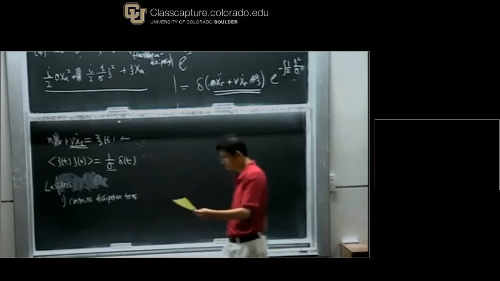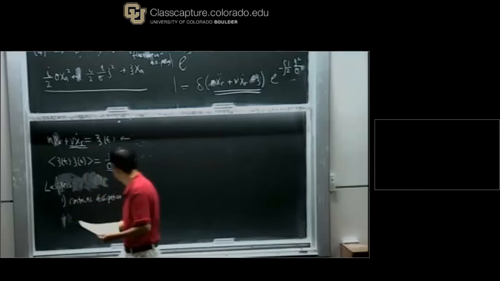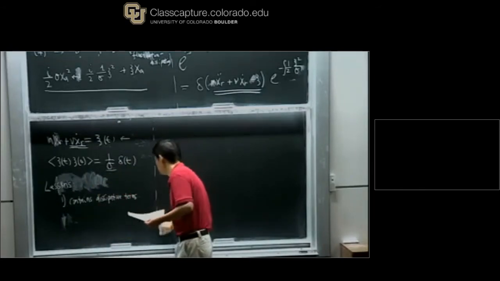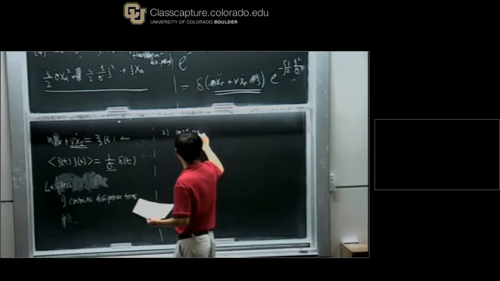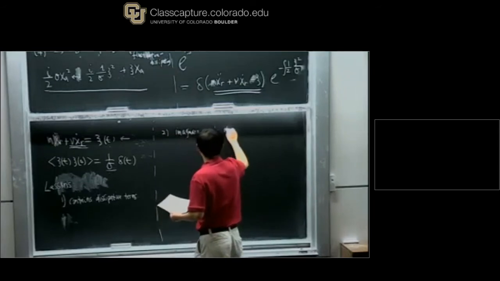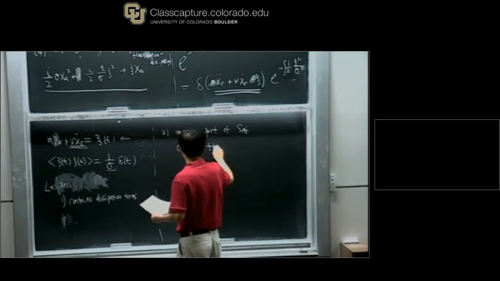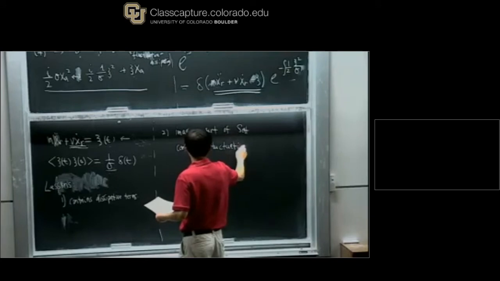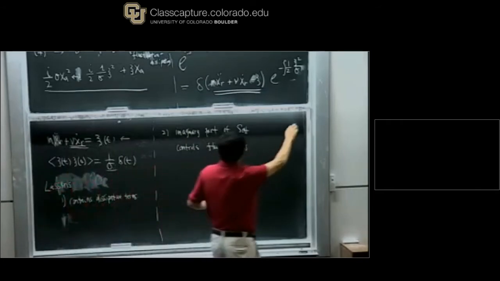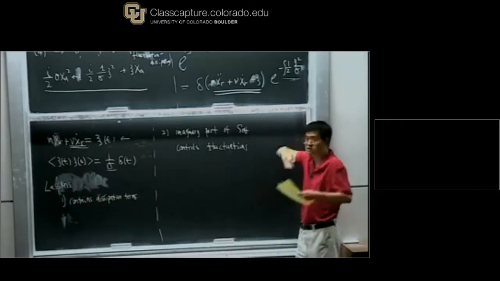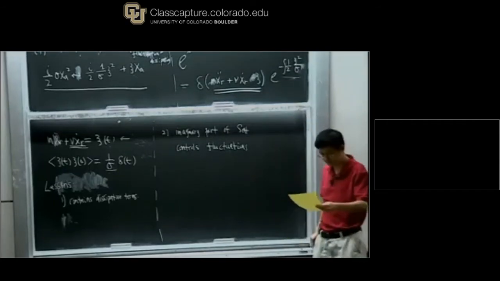The second lesson is that the imaginary part of the action controls fluctuations. We see that the imaginary part of the action becomes the Gaussian fluctuation of this stochastic force, so the imaginary part controls the fluctuations.